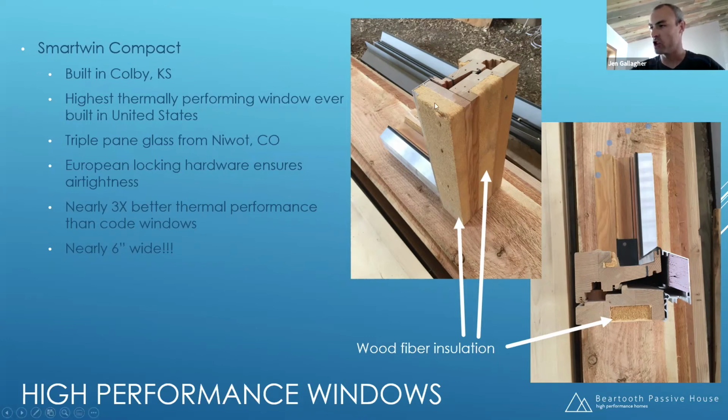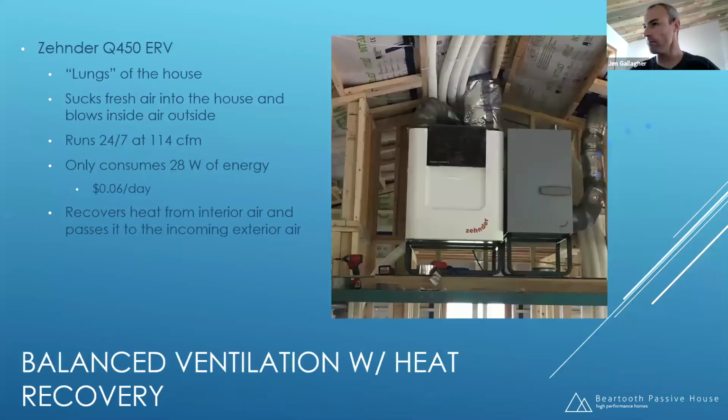So they basically stripped the frame of as much structural wood as possible, or anything that is not structural wood, sorry. And they've replaced it with wood fiber insulation for better thermal performance. So pretty awesome windows. And it's really awesome that you can get windows this good built here in the United States.